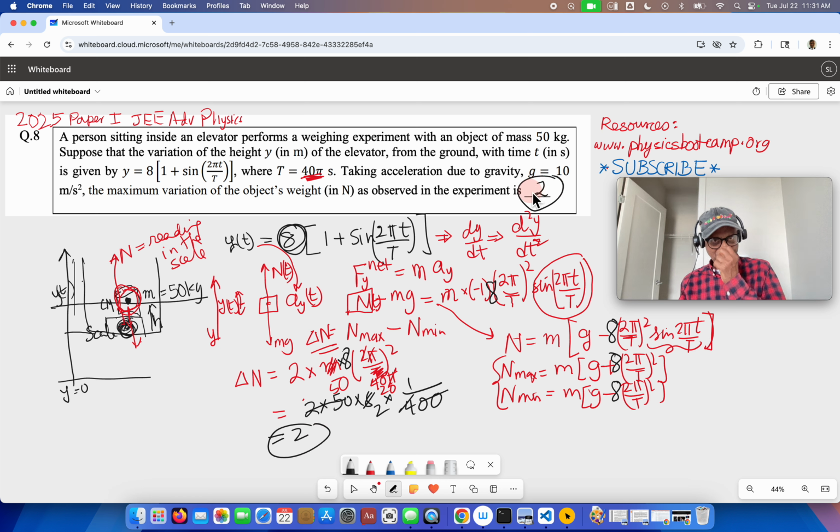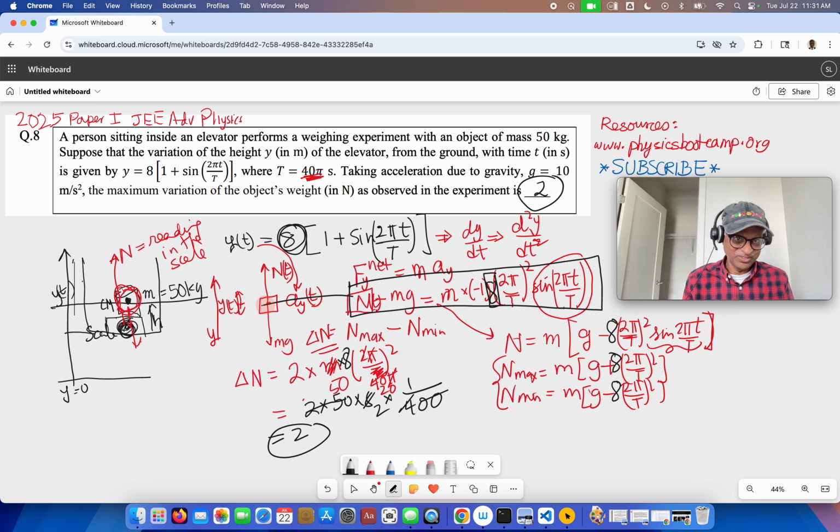So it isn't that hard actually. Rather than do all this algebra, say you wrote this guy down. I hope if you didn't make that mistake, you'd come down here directly, and delta N you can write down directly.